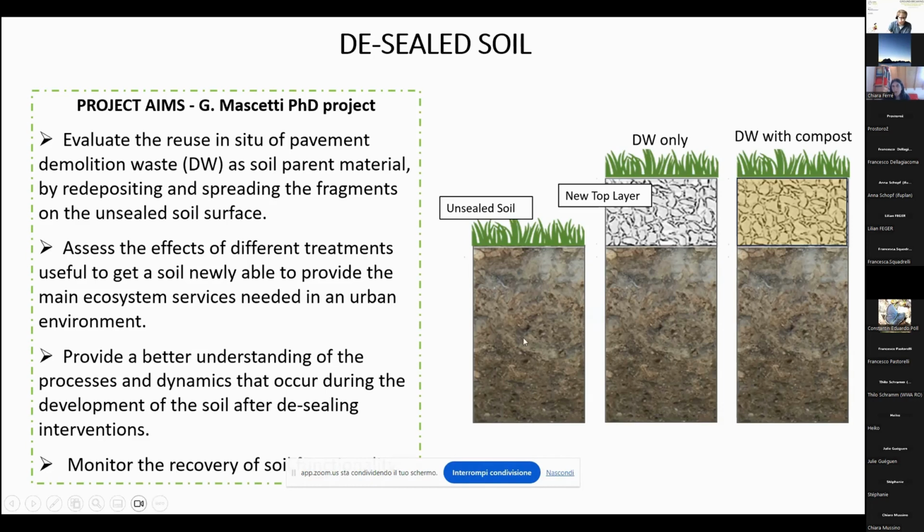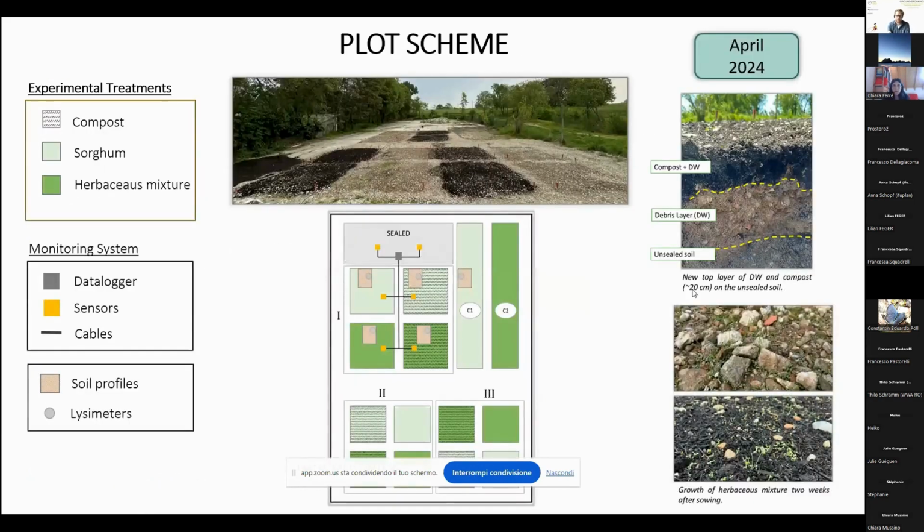The treatments are here. There was a control with unsealed soil without the new layer of demolition waste, and then two treatments with the use of a demolition waste layer with and without compost. But here you can see the scheme better.